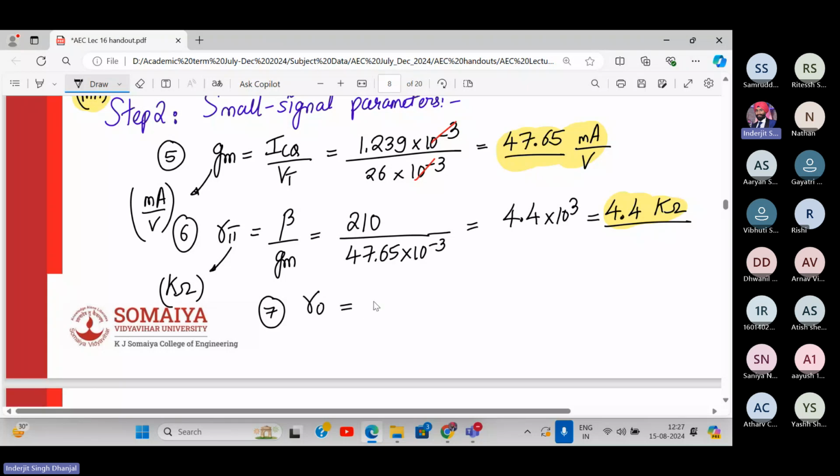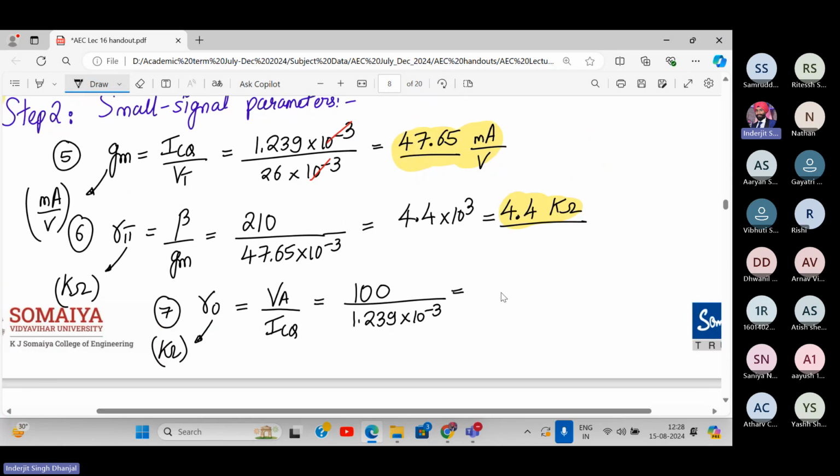Next is RO, which is VA, the early voltage, upon ICQ. VA is 100 and ICQ is 1.239 into 10 raised to minus 3. RO will always come in kilo ohms. So let me know this answer. How many kilo ohms? It will be 80.68. Please check. I got 80.71.